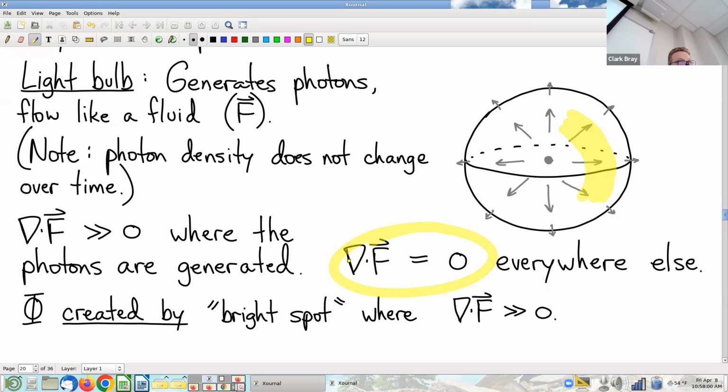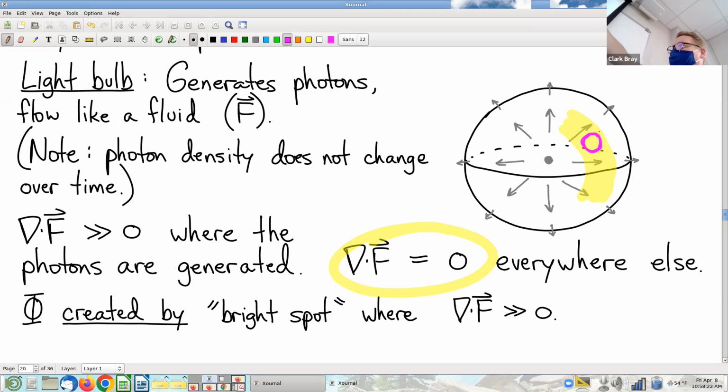Again, I think this is pretty physically satisfying. I claim the divergence is 0 there because if you were to think about some little region in there, some little ball, photons are shooting into that region and then just shooting right back out, right?